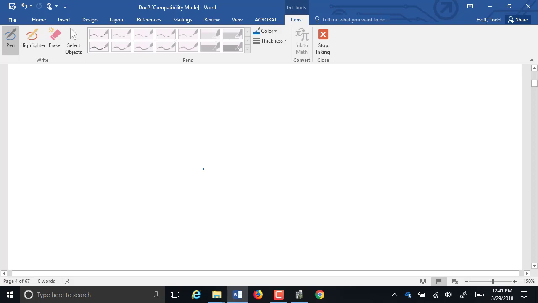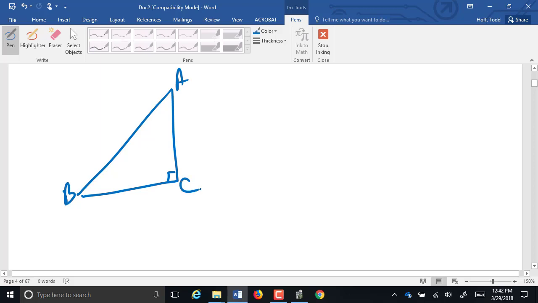So, we started talking about right triangles. If we're given pieces of information, for example, now of course we're going to label them A, B, C. C is usually the right angle. The sides are labeled as the angle that they are across from: A, B, little a, little b, and little c.